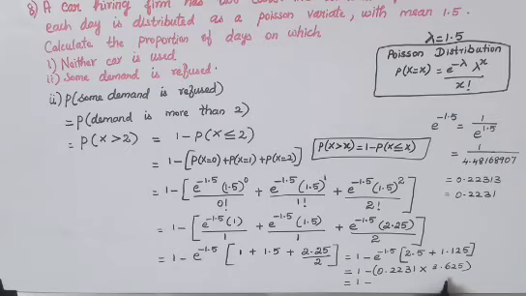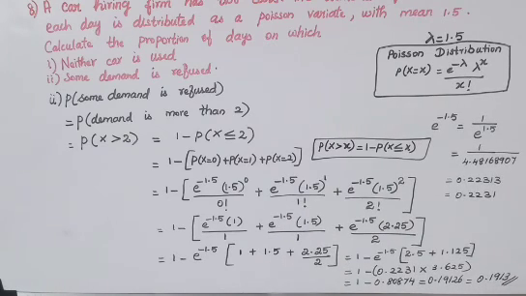Multiplying these two numbers, your answer will be 0.80874. Now subtracting 1 minus 0.80874, your answer will be 0.19126. You can write that to 4 decimal places as 0.1913. So this is the final answer for your 8th question.